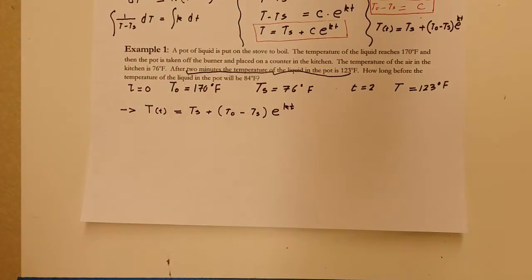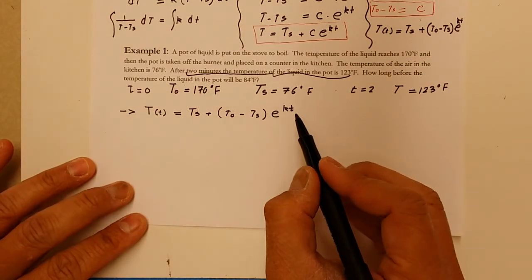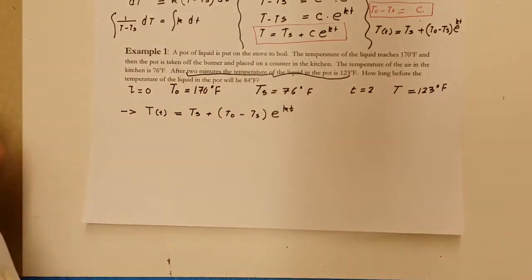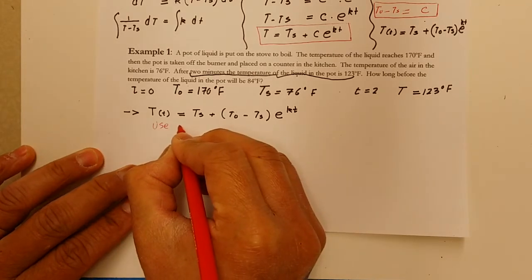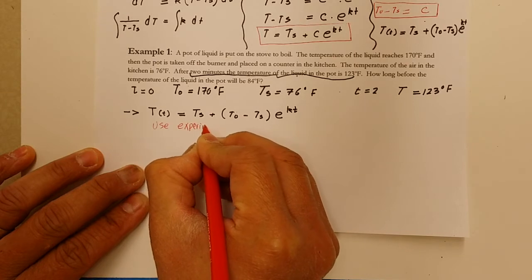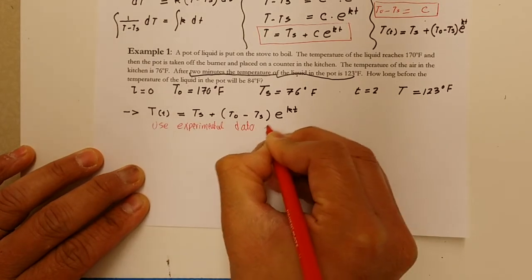So what we're going to do now is find k, and to find k, we're going to plug our experimental value in. Use experimental data to find k.